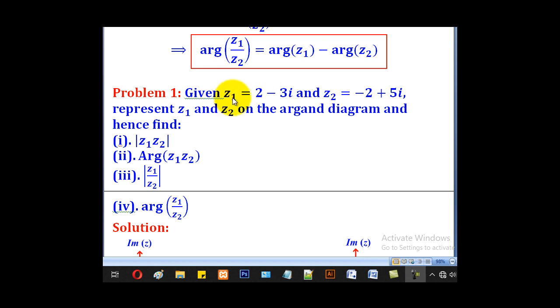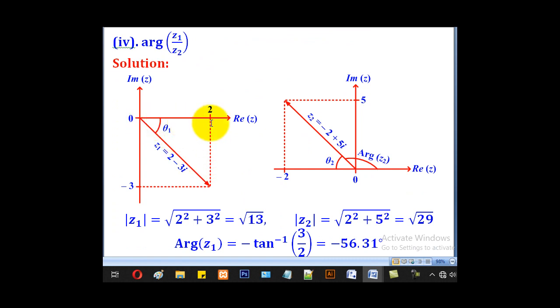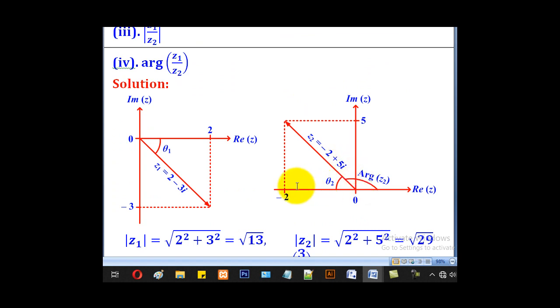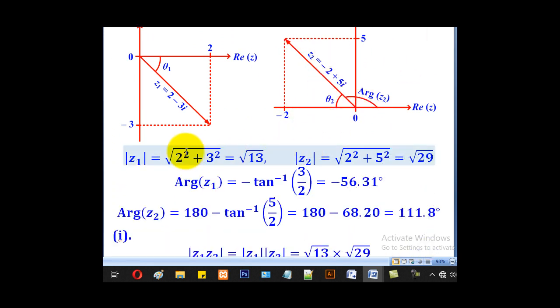For the Argand diagram, z1 is positive real, negative imaginary. For z2, negative real, positive imaginary.